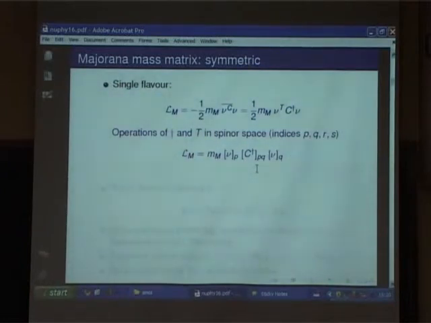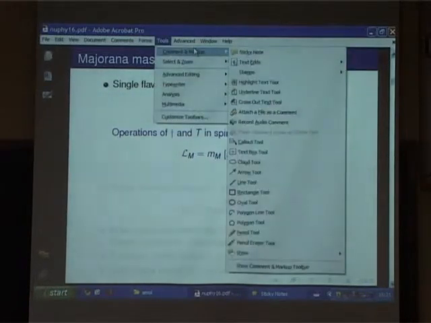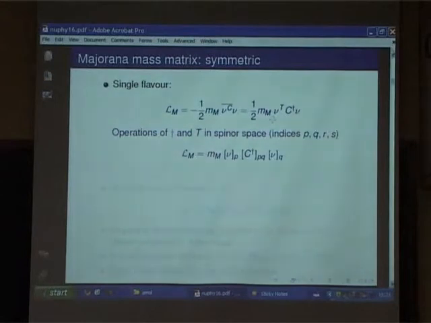Do you agree with this? It's very important for the next step. So nu transpose C dagger nu is simply the short form for this. They are identical. There is no cheating here, no redefinition. It's exactly the definition, that's how you multiply matrices.